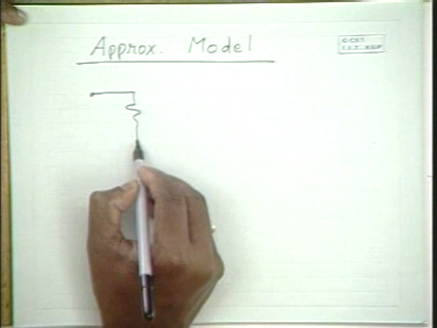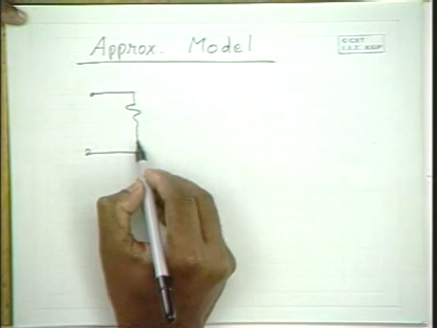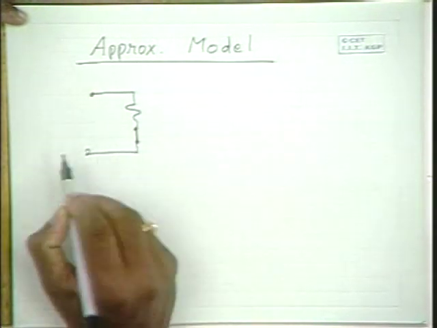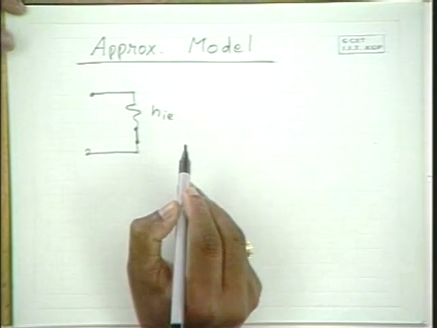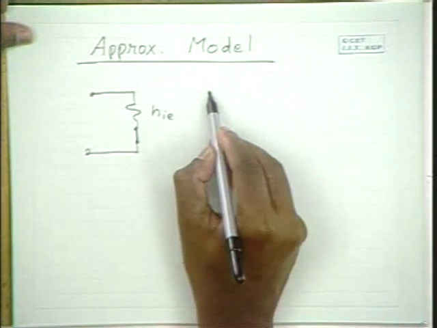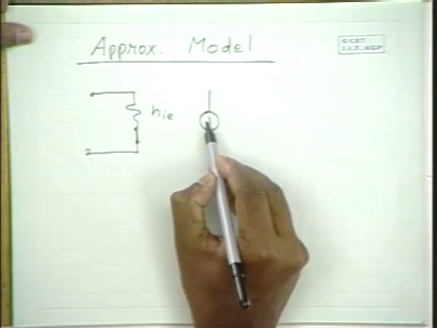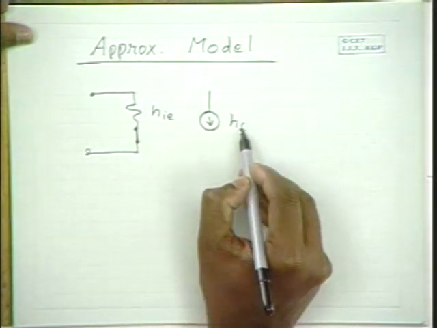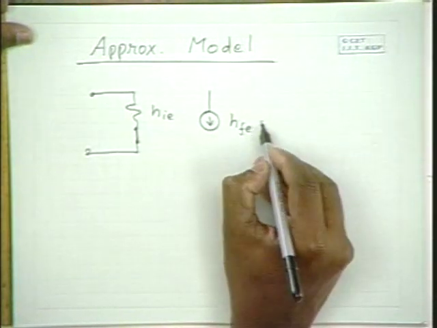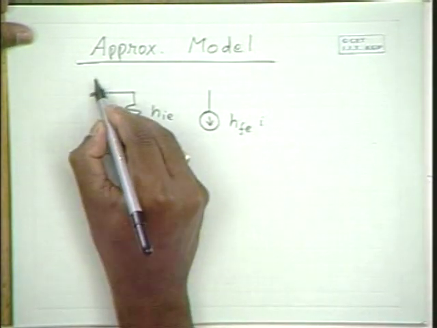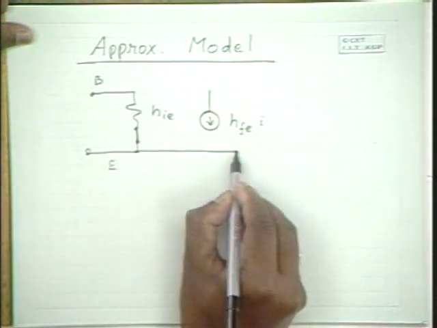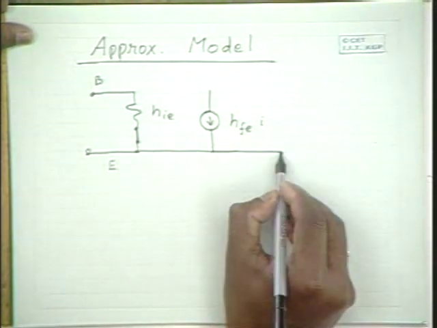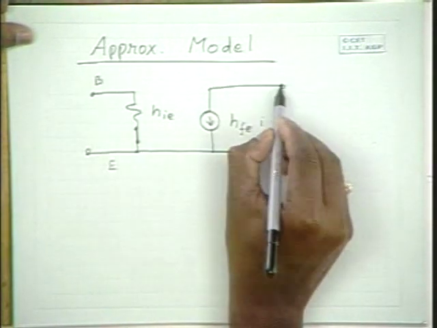On the input side, with this voltage source replaced by a short circuit, you have only HIE appearing here, and you have HFE II. So please note that this is the base terminal, this is the emitter terminal, in the common emitter configuration, and this is the collector terminal.